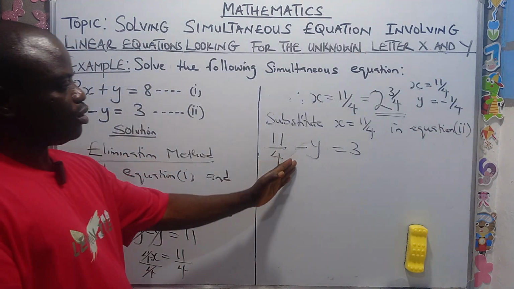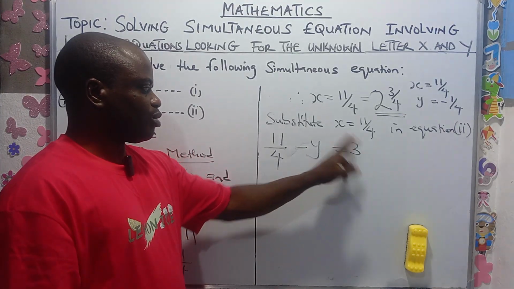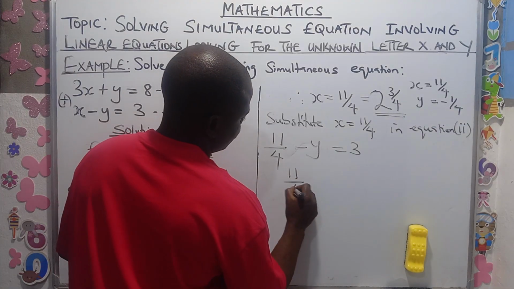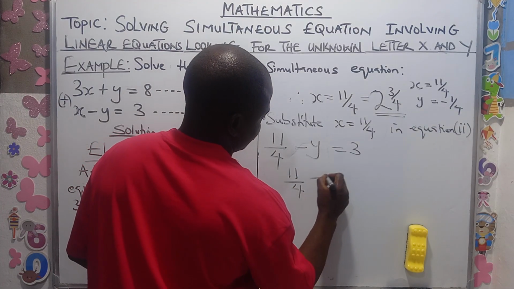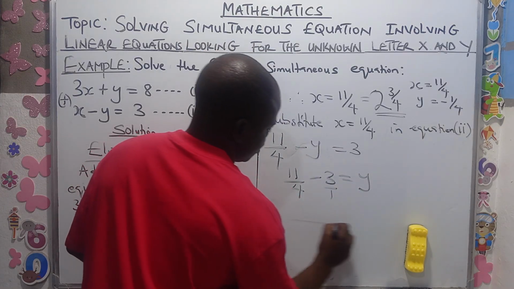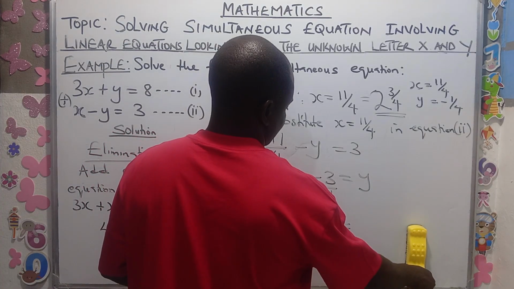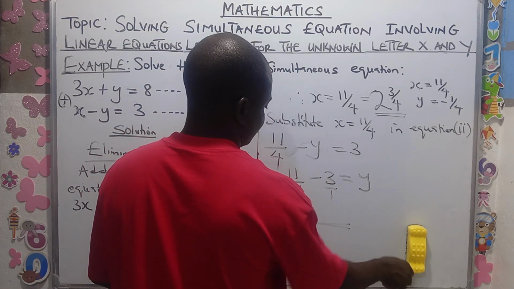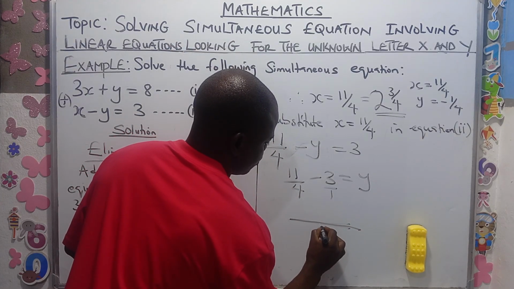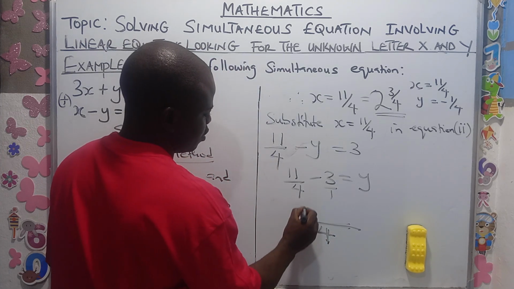Here, what you need to do is take minus y across the equals sign so that it turns positive. 3 will cross the equals sign and become negative. You have 11 over 4 minus 3 equals y. 3 is 3 over 1. What's the LCM? The LCM is 4. 4 goes in 4, 1 times 11, 11.